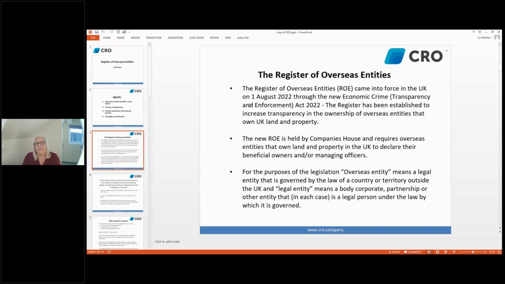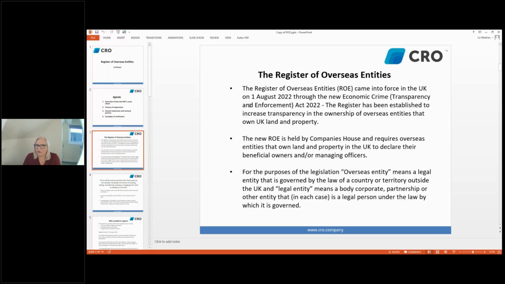So the Register of Overseas Entities came into force in August 2022, and this was through the Economic Crime, Transparency and Enforcement Act. So why did they decide to do this?